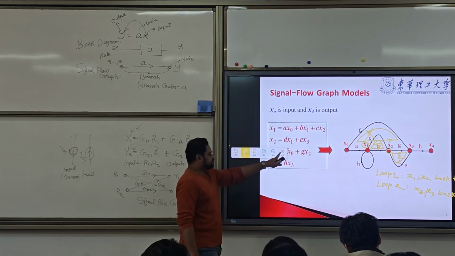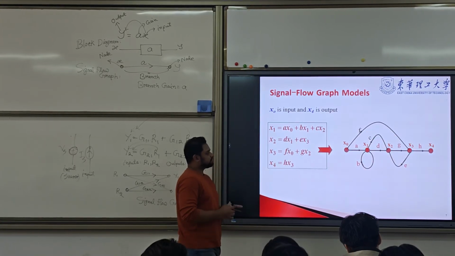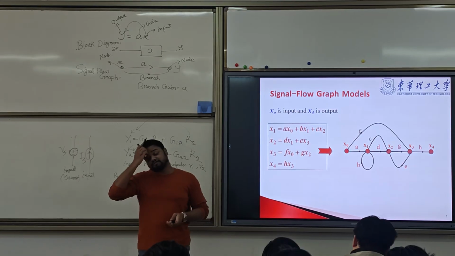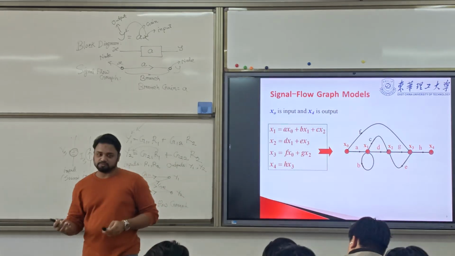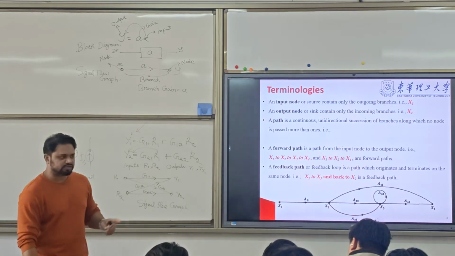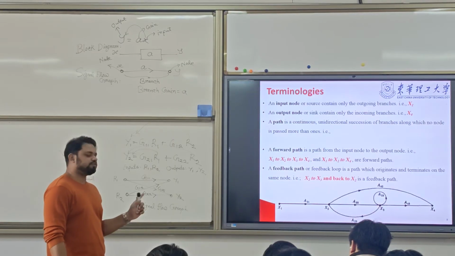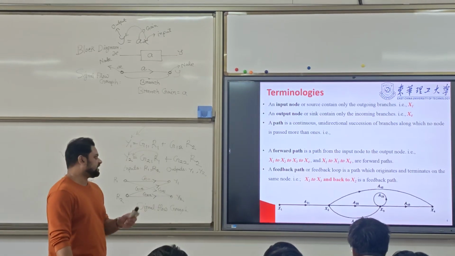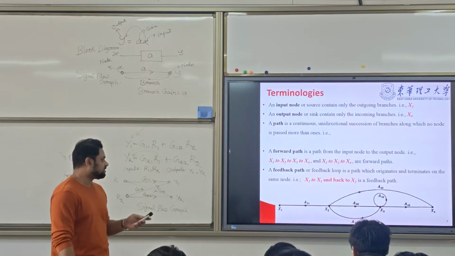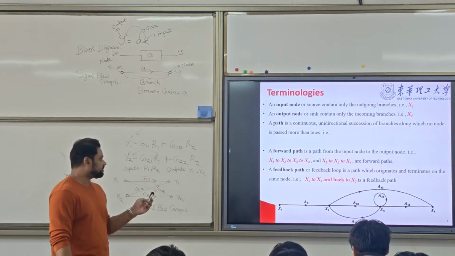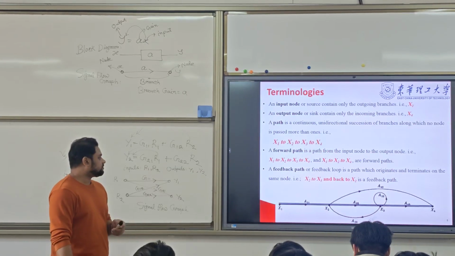So we have two loops, feedback loops. So we know how to find forward paths and feedback loops. Very important, because later on we will need to find the gain. That's why we need to find the feedback and forward paths and the feedback loops.